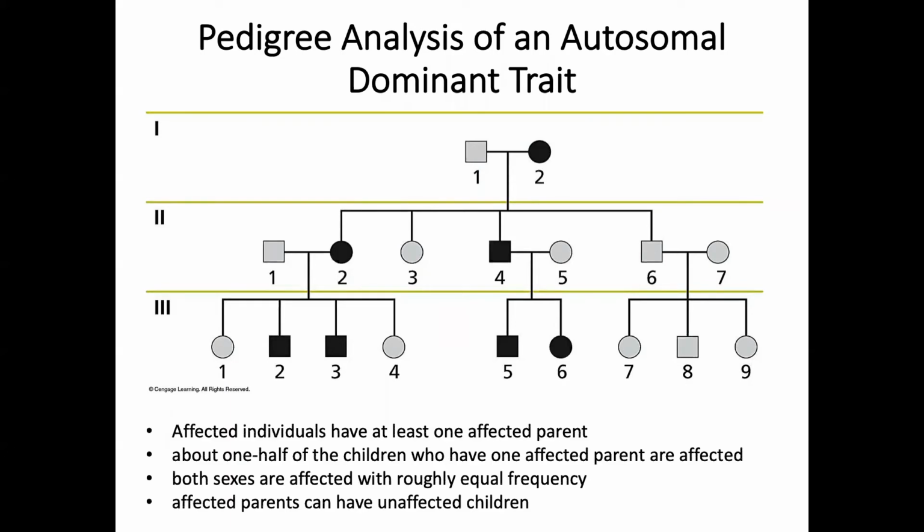First, affected individuals have at least one affected parent, and about 1/2 of the children who have one affected parent are affected. This is the case. Also, both sexes are affected with roughly equal frequency, and affected parents can have unaffected children. All these are features of autosomal dominant traits.